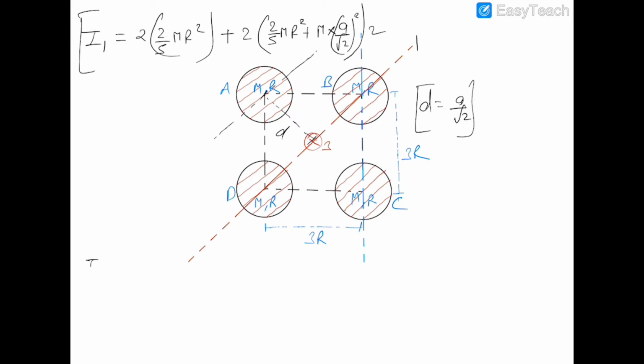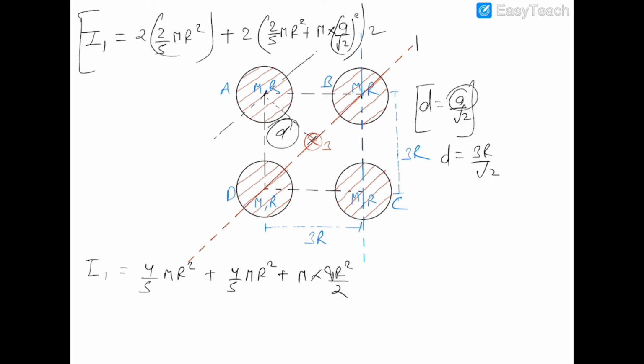Okay, so I1 is equal to 4 by 5 mr square plus 4 by 5 mr square plus m into d, where d is a by root 2, and a is the side of the square. So side of this square is 3r, so this is 3r by root 2. So this would be m into 9r square by 2, and it is also multiplied by 2.